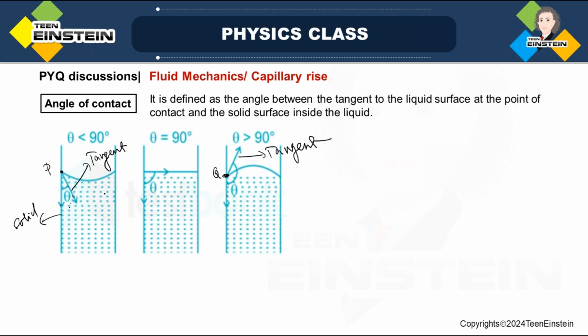But this angle of contact actually depends on different factors. Let me write here. Angle of contact depends on how many factors? First is the nature of the solid and liquid in contact.